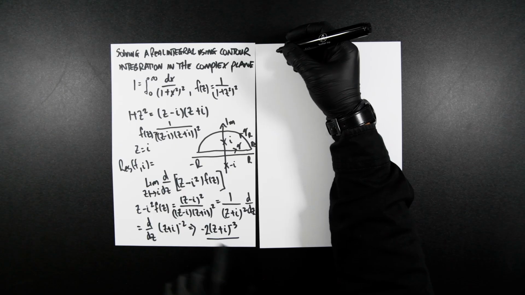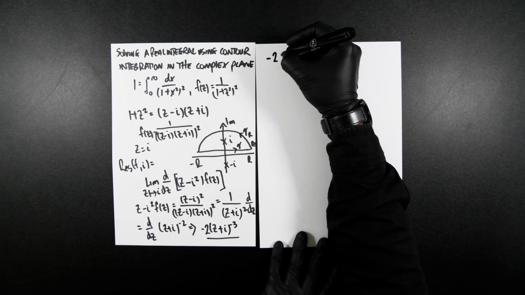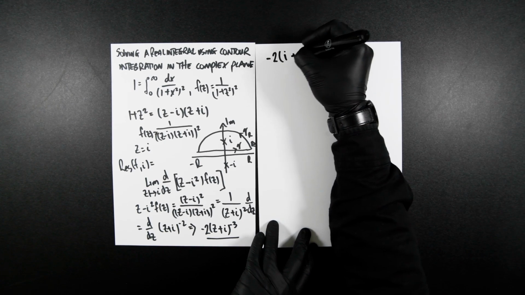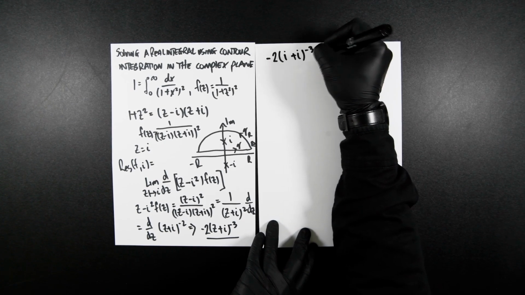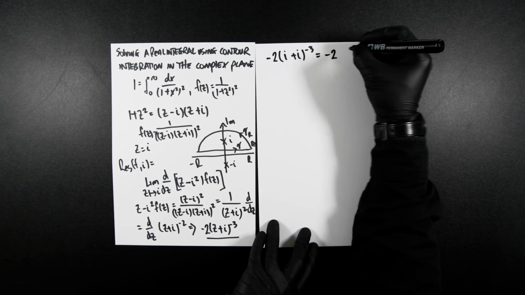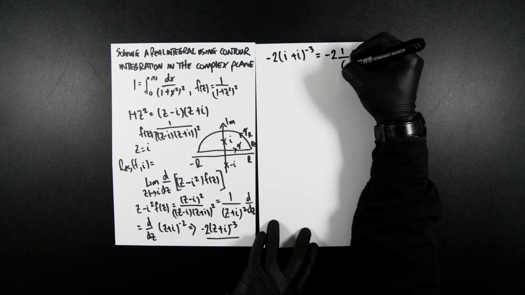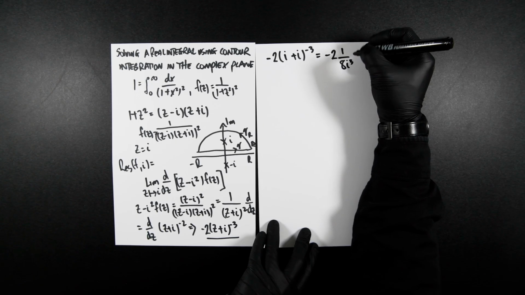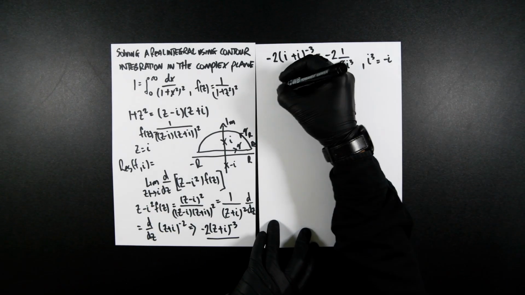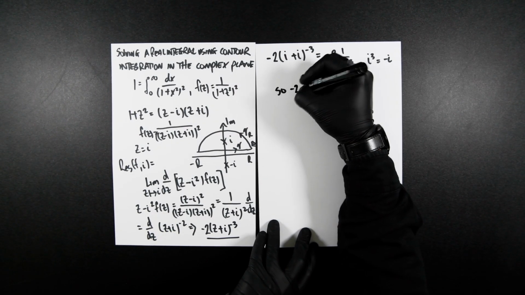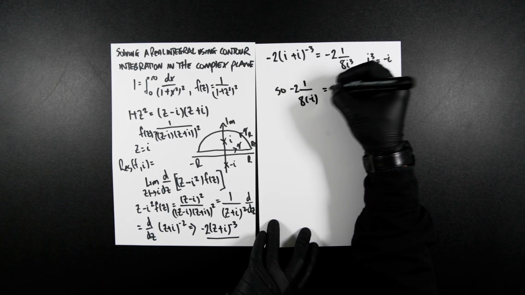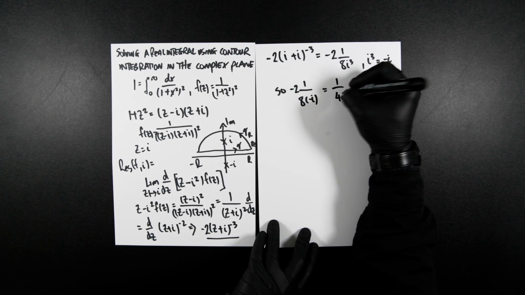So we're going to get minus 2, substitute in i for z, (i plus i) to the minus 3. That's going to be minus 2 times 1 over 8i cubed. We know that i cubed equals minus i. So minus 2 times 1 over 8 times minus i is going to be 1 over 4i.